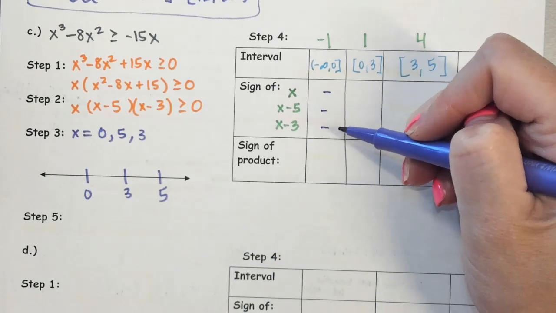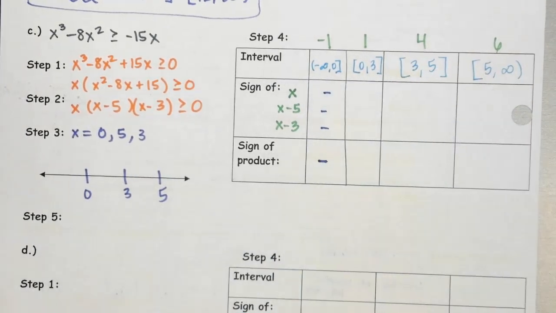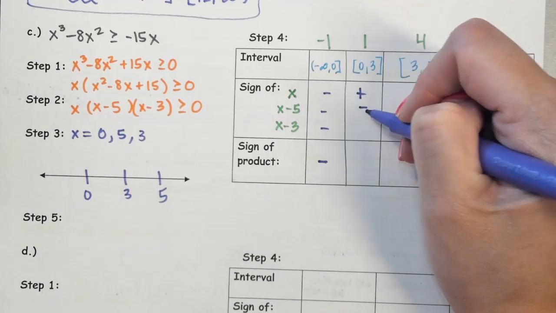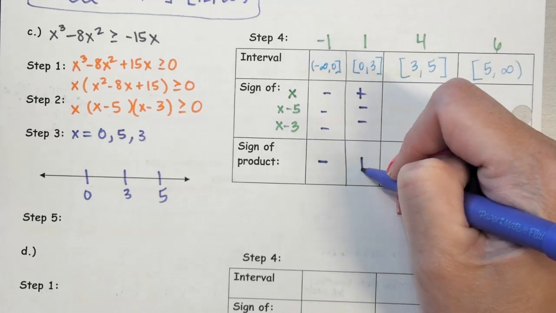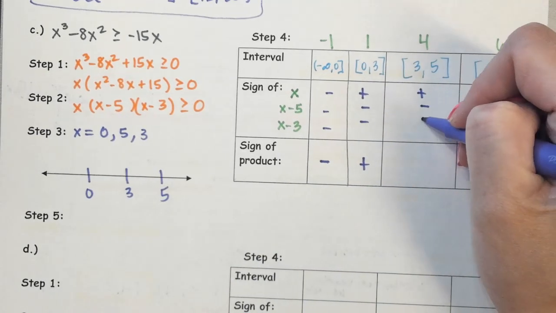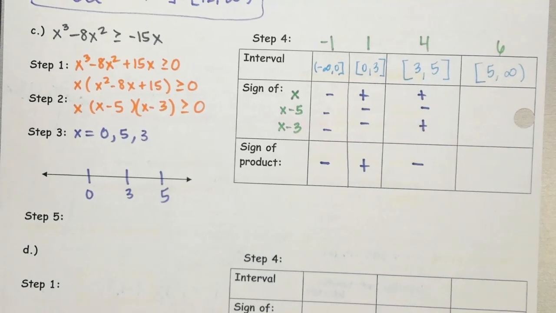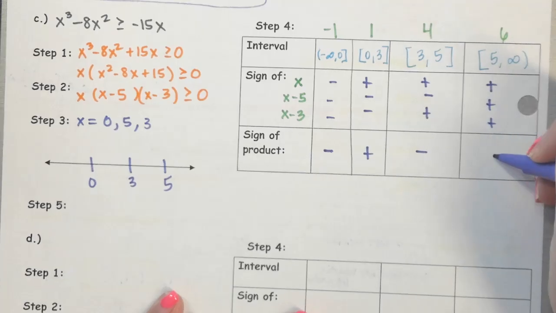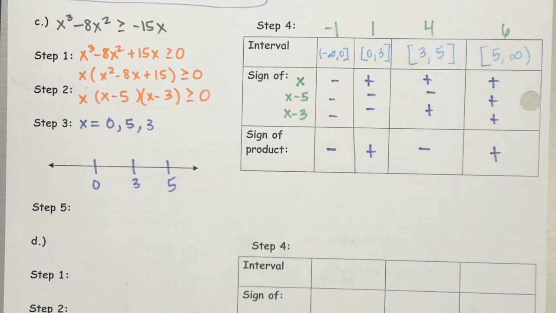Whenever you have an odd number of negatives, it's going to stay negative. For 1, I have positive, negative, negative. I have an even number of negatives, so it's positive. I have positive, negative, positive. I have an odd number, so it's negative. I have positive, positive, positive, so it's going to be positive.